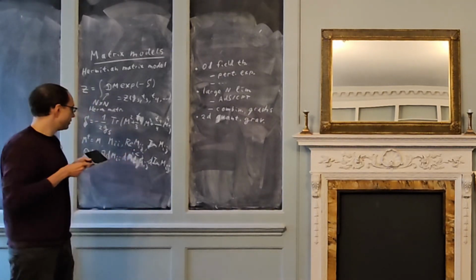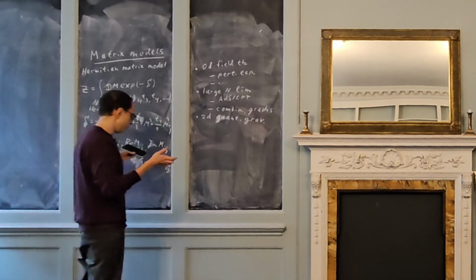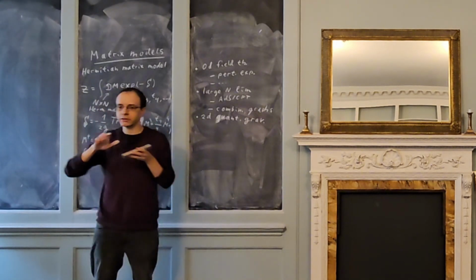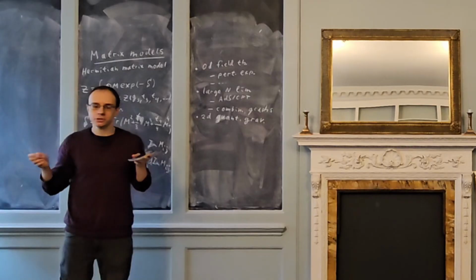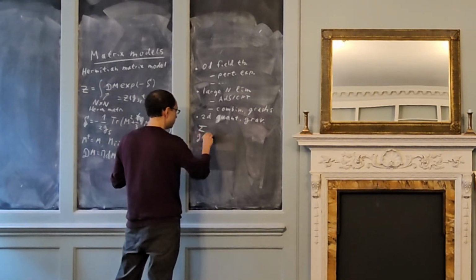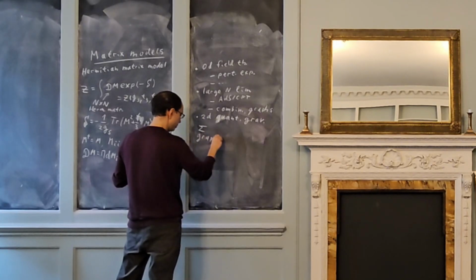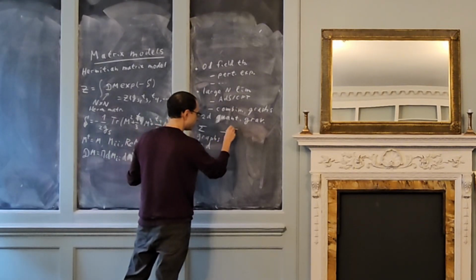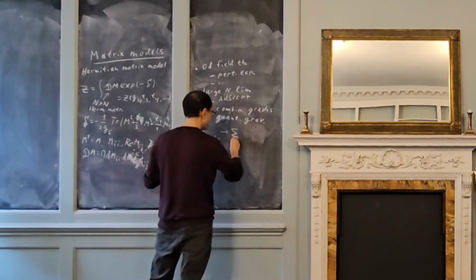Essentially they can be treated as continuous, and then the sum over graphs, which are two-dimensional objects, becomes essentially equal to a sum over metrics or geometries.